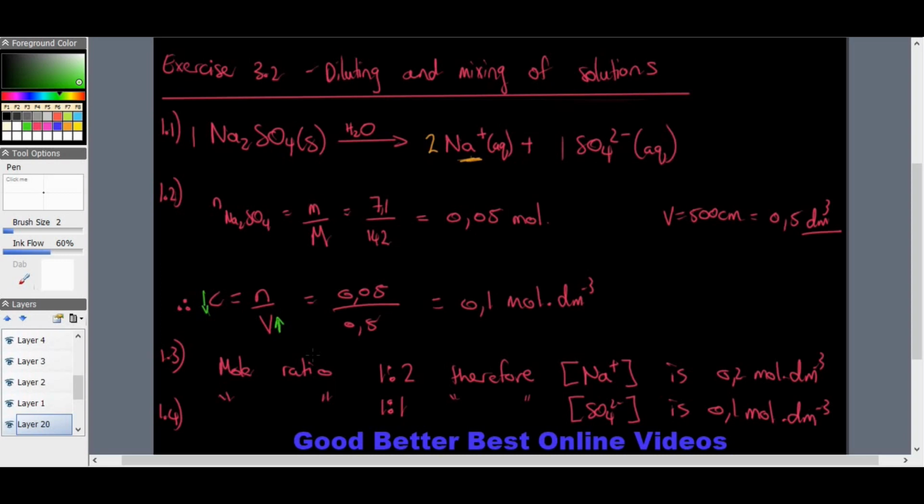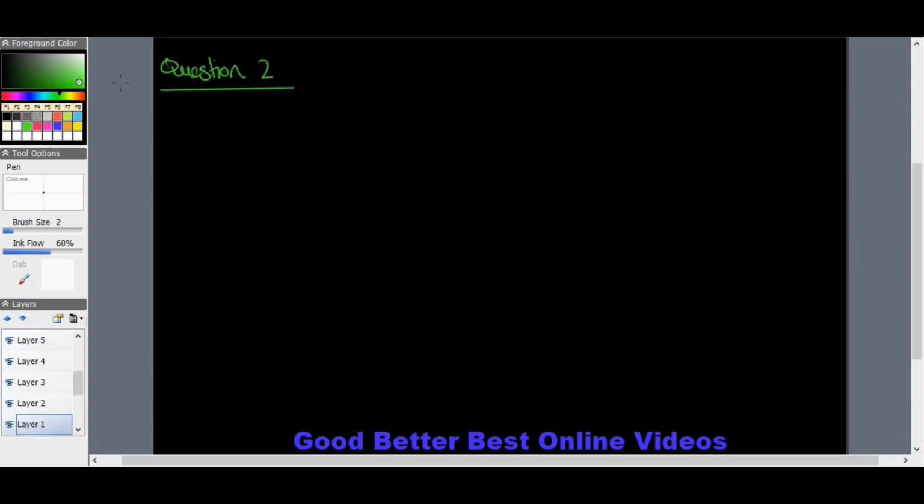Because remember we add in the same solution, so the amount of moles of the substance stays the same, and even though volume is increased, the concentration of the sodium ions won't change. Therefore 0.2 moles per decimeter cubed is still your answer for 1.6.